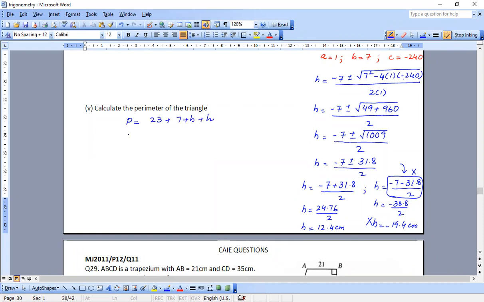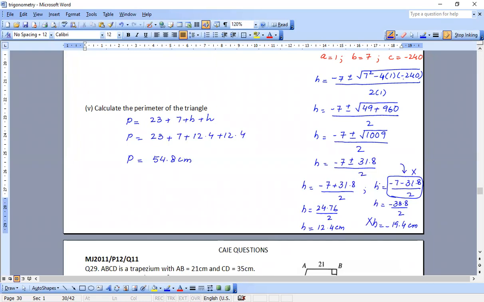For the perimeter I cannot use a negative value, so h is 12.4 and 7 plus h is 12.4 plus 7. I'll add all of them, and the perimeter is going to be 54.8.